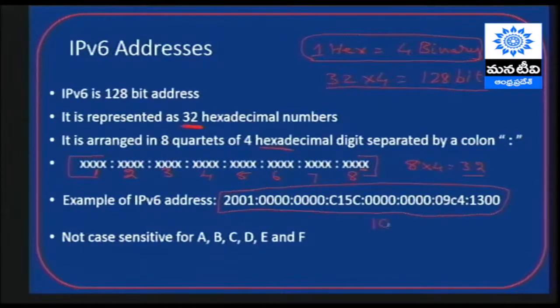Traditionally, IPv4 addresses we have seen are 10.0.0.1 or, let's say, 192.168.1.10. So they look small when compared with the IPv6 address. And since they are hexadecimal values, these IPv6 addresses are not case sensitive.